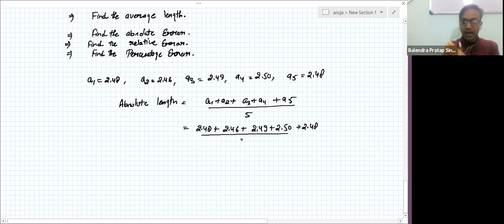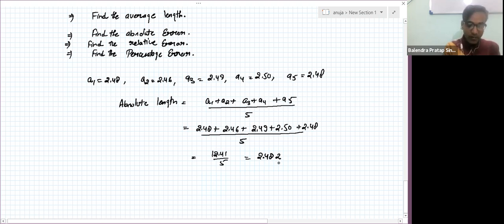If you add up all the things, you will get the value 12.41 divided by 5, and that is basically 2.482.